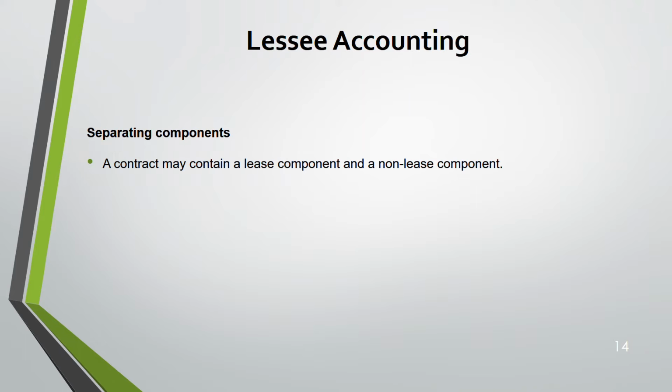Next, separating components. Sometimes a contract may include components, a lease component and a non-lease component together. Partly it contains a lease, and the other part contains something which is not a lease. How do you deal with it?